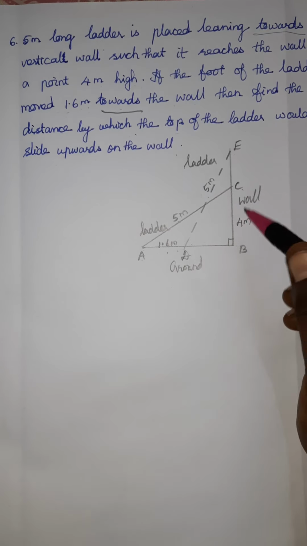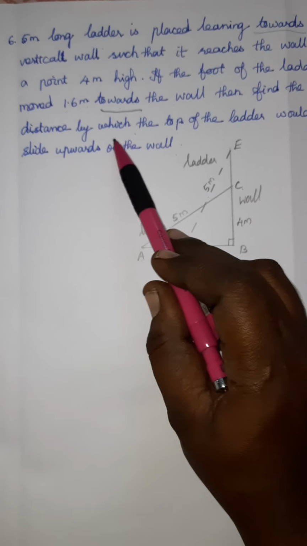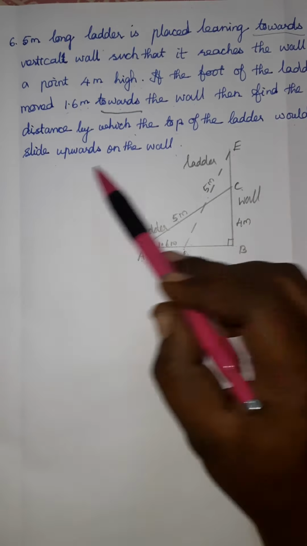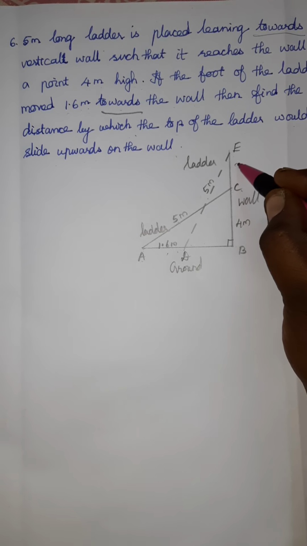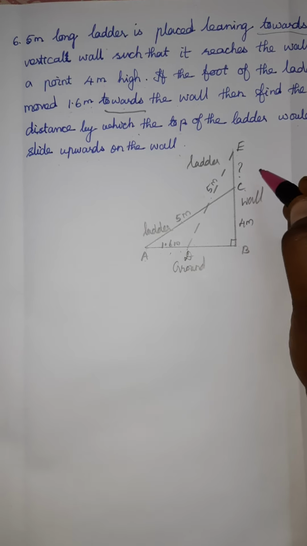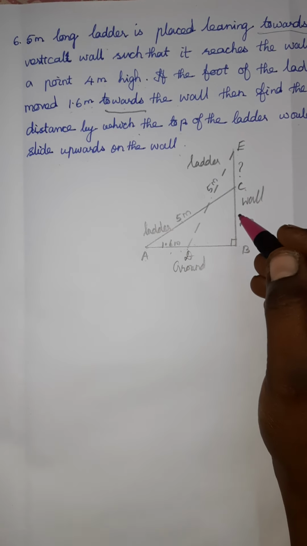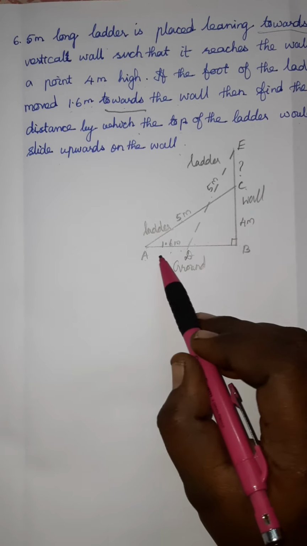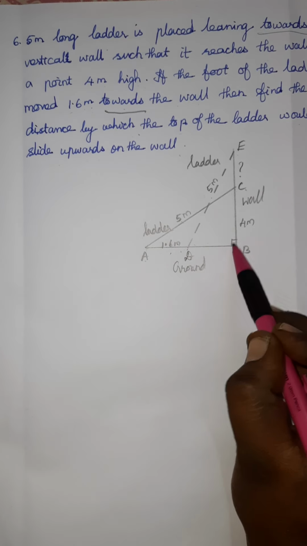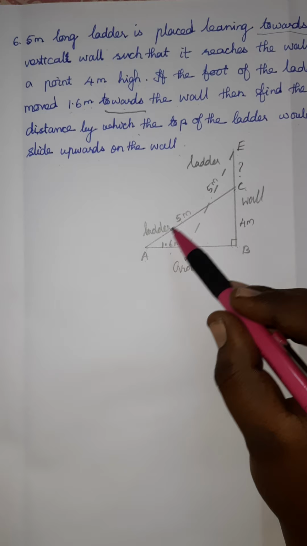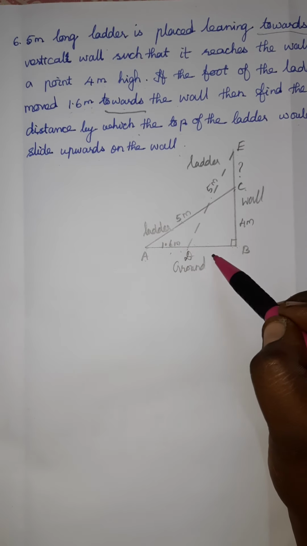Now we need to find out the distance by which the top of the ladder would slide upwards on the wall. You have to find how much distance to move upward. CE distance. So first of all you find this AB distance using this right triangle ABC. In that you know AC and BC, so you can find out the third side AB, using the Pythagoras theorem.